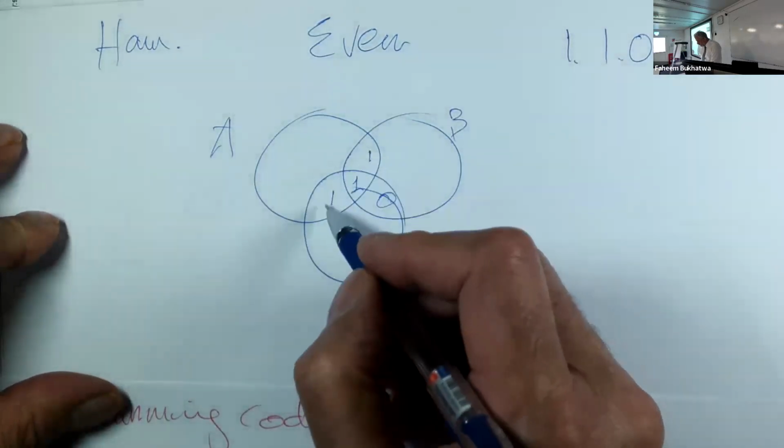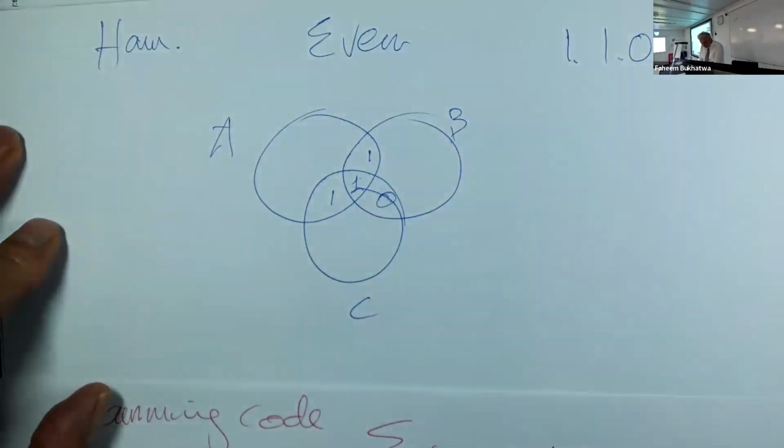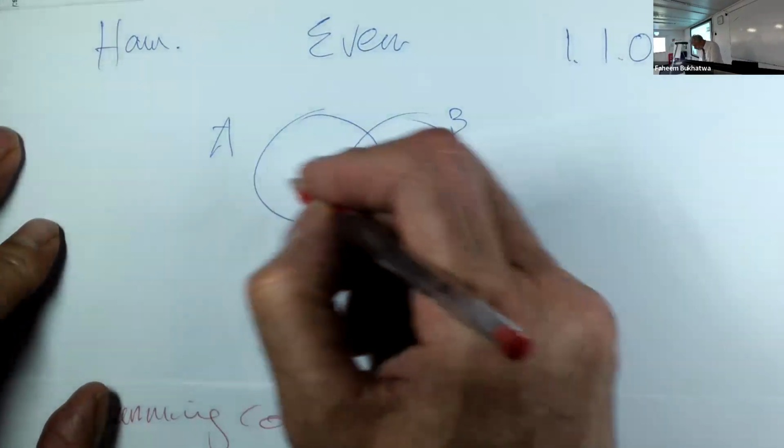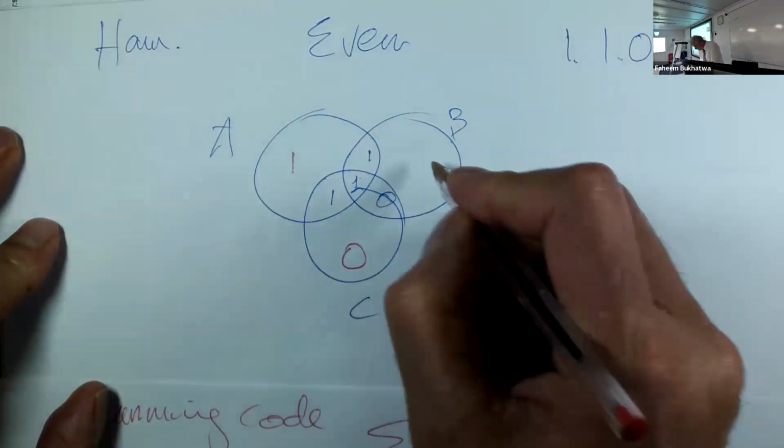That's data 1, data 2, data 3, data 4, and also put in the parities 0 and 0.